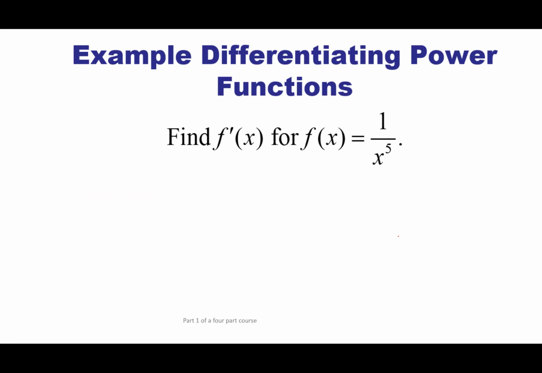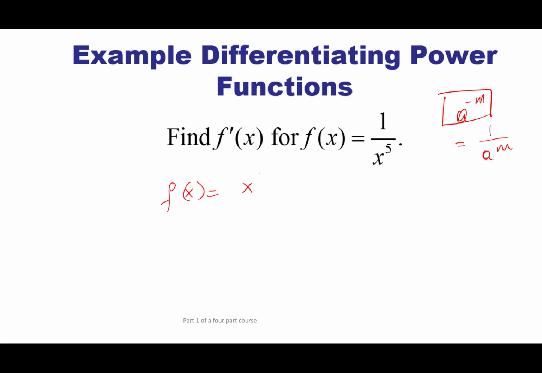Now, if you look at this example as is, it is not in the format that we would like it to be, where we have x to the n for some number. So what we're going to do, we always try to get that into the correct format first. To get that into the correct format, I'm going to write f of x equal to, if I remember, if I have a to the negative m, this is equal to 1 over a to the m. So to write it in the appropriate format, we need to write it looking like this.